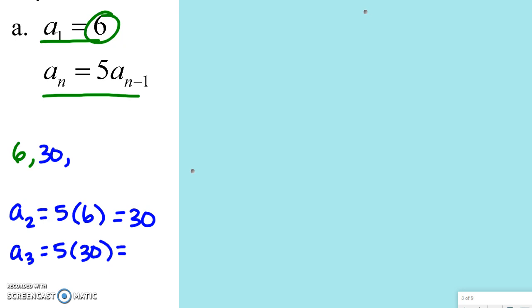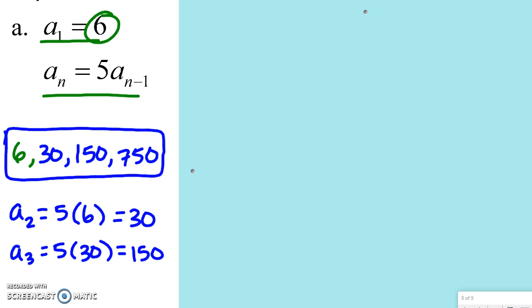So 5 times 30 then is 150. Okay, now pause it and go ahead and find the fourth term, 750. And I needed to say that this was a recursive formula.